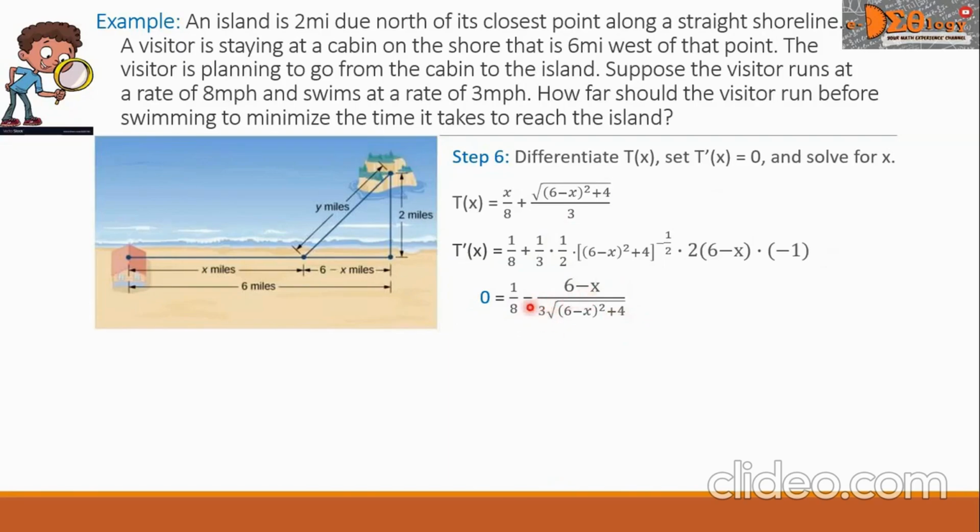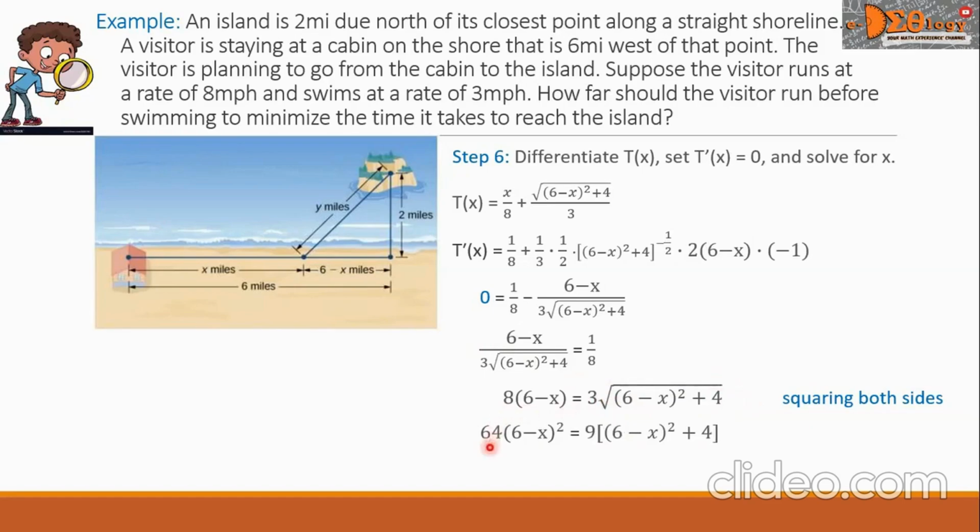Let us transpose the second fraction to the left side, so this negative becomes positive. And from here, let us do cross multiplication. So our new equation now becomes 8 times 6 minus x equals this whole radical on the right side. Then let us square both sides so that this radical will be cancelled.